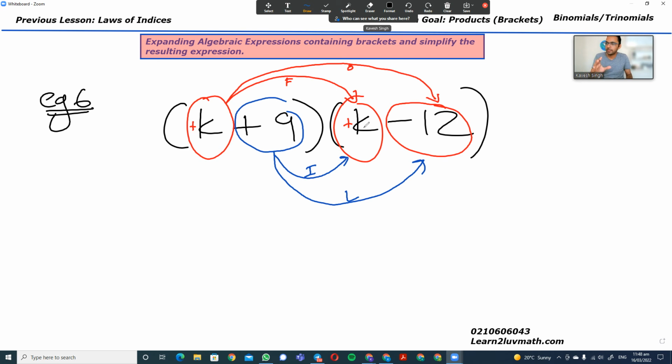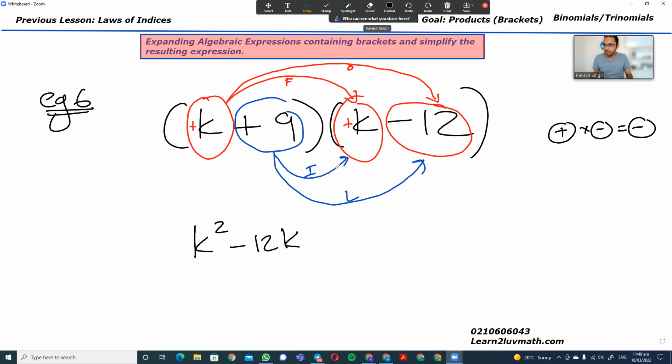K multiplies by K, getting you K squared. K multiplies by negative 12. It's a plus and a minus, becomes a minus. Don't forget that. Plus times minus equals minus. And this will apply throughout. K times 12 gets me 12K. Now let's go to plus 9 over here.